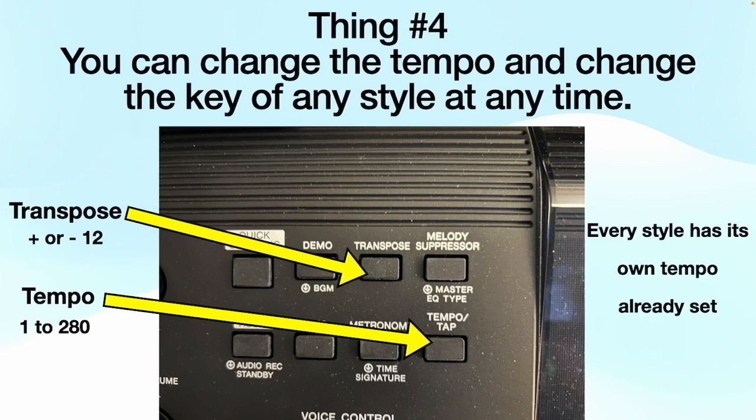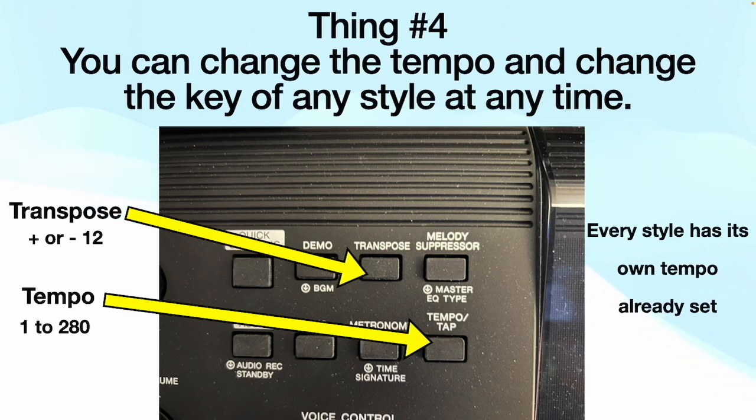Now, the good news is you really don't have to worry about this. Every style has its own tempo already set. Let's think about this. Yamaha is the biggest musical instrument producer in the world. Nobody makes more musical instruments than Yamaha. So they know a lot about music.